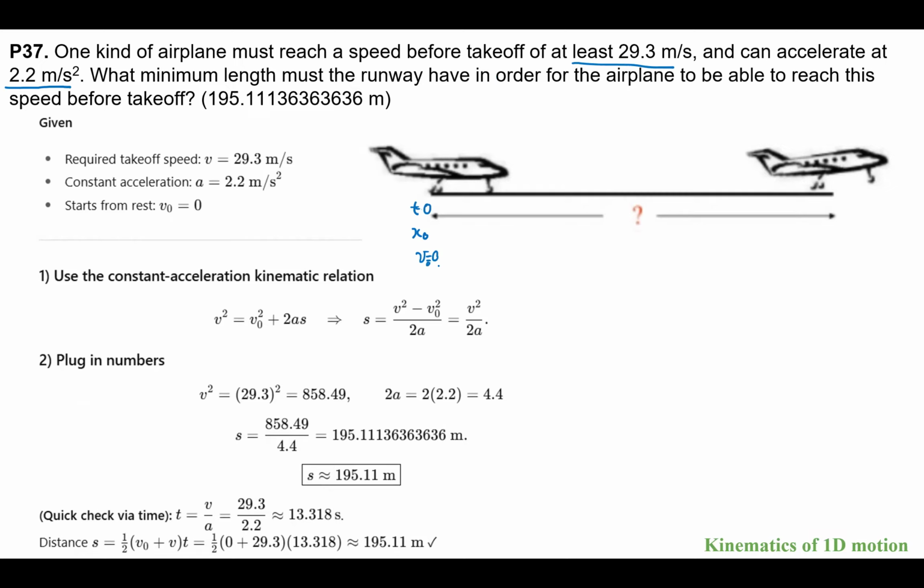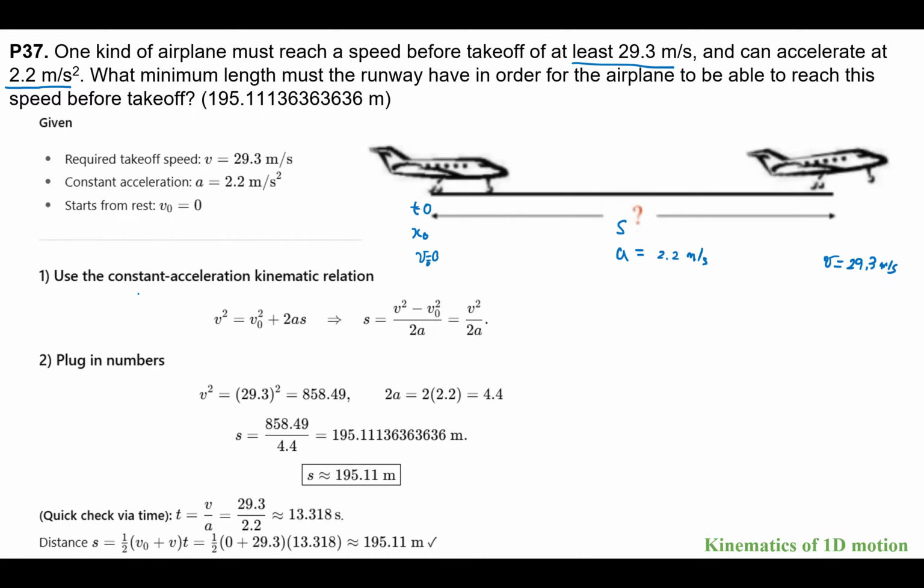What we need is v equal to 29.3 meters per second, and during this time we have a constant acceleration of 2.2 meters per second squared. Then we need to find the distance s.